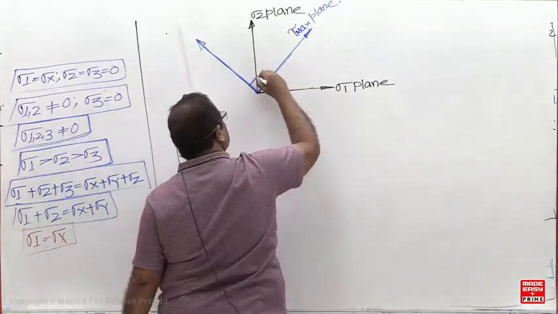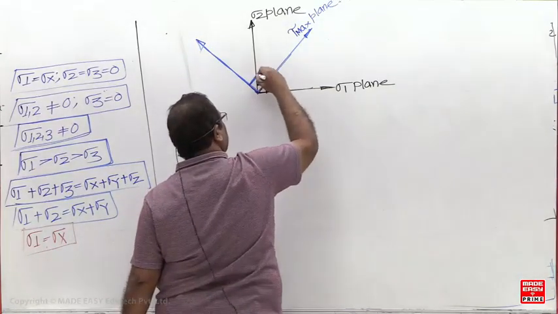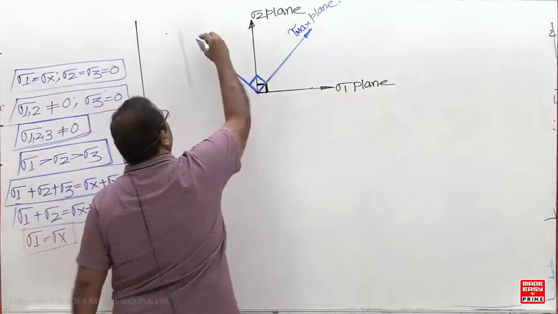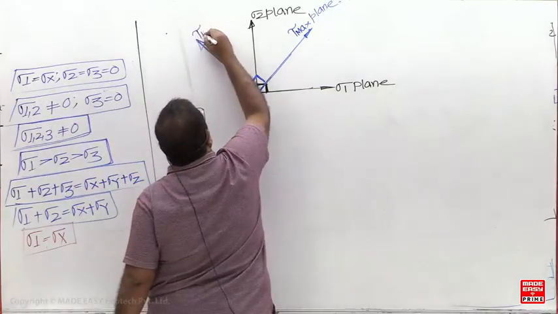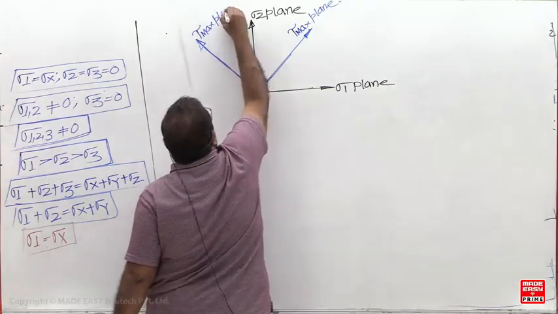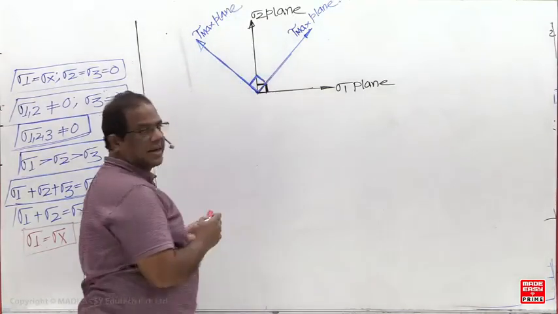Principal planes are at 90 degrees, tau max planes are also at 90 degrees.